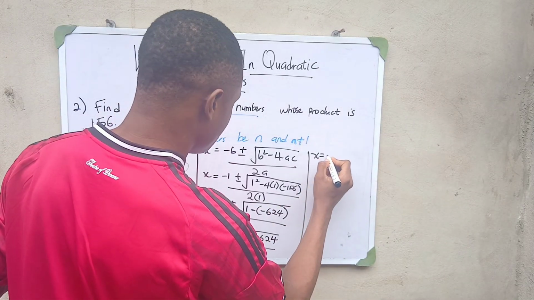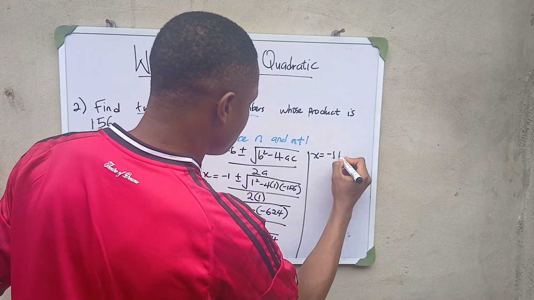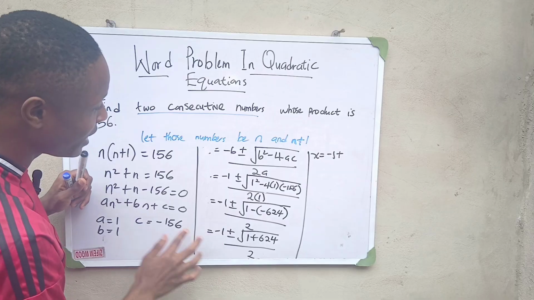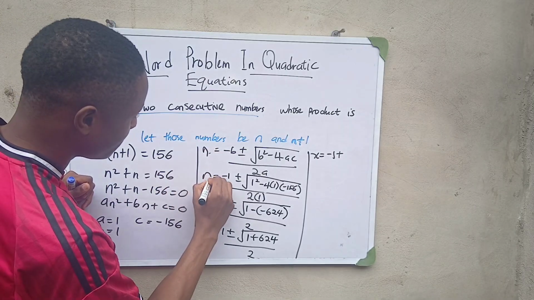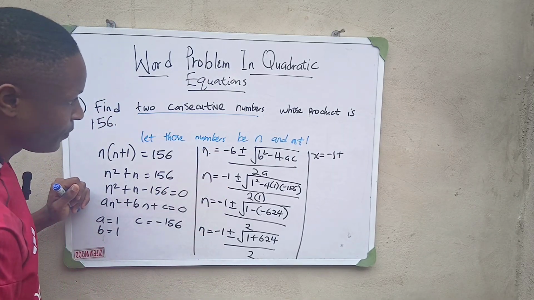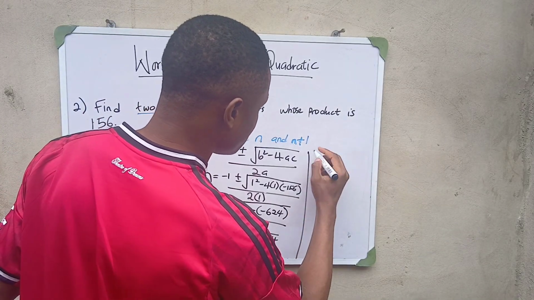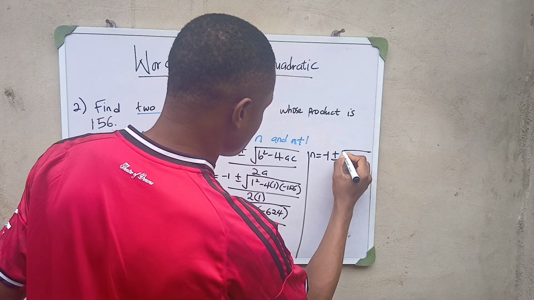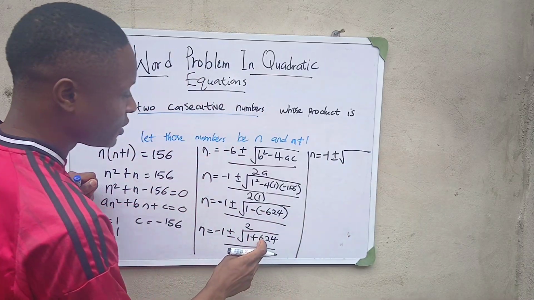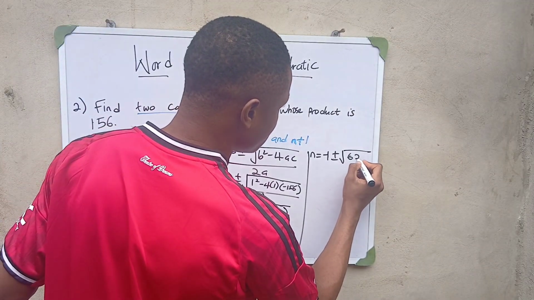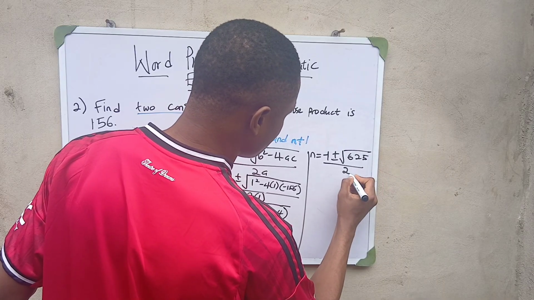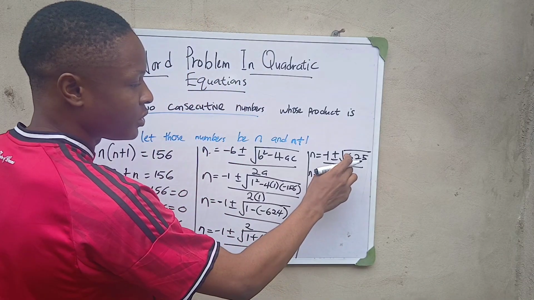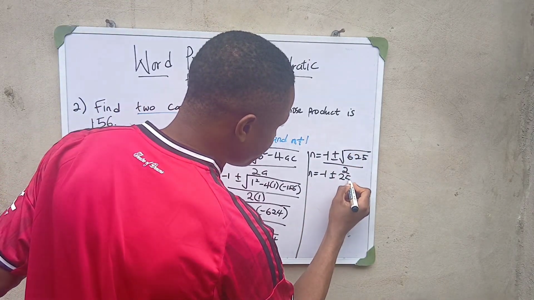So x is equal to minus 1 plus or, this is supposed to be n. Remember, n is our variable. So n is equal to minus 1 plus or minus square root of 1 plus 624 is 625 over 2. So n is equal to minus 1 plus or minus square root of 625 is 25. So 25 over 2.